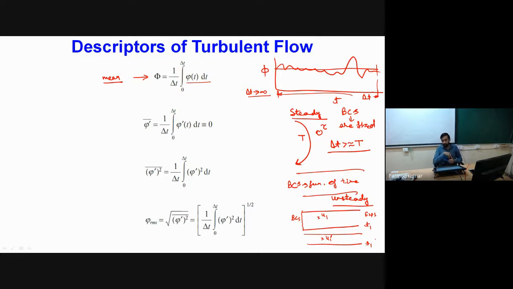So we repeat a number of experiments, and the velocity data we get at the same location makes our spectrum, and we take the average of that spectrum. That's why treatment of unsteady turbulent flows is even more complex, and this kind of averaging is known as ensemble averaging.